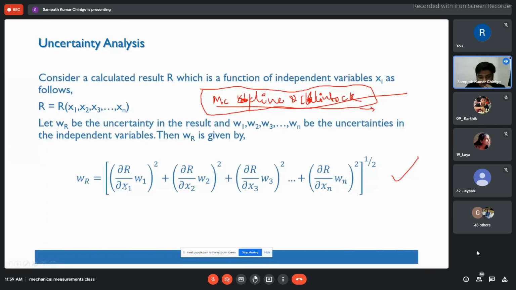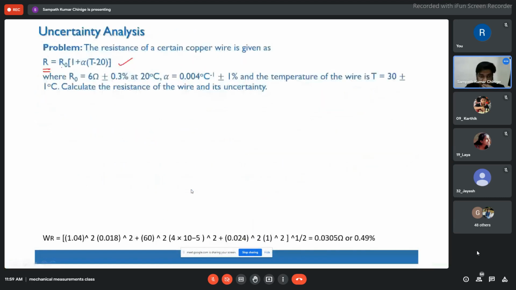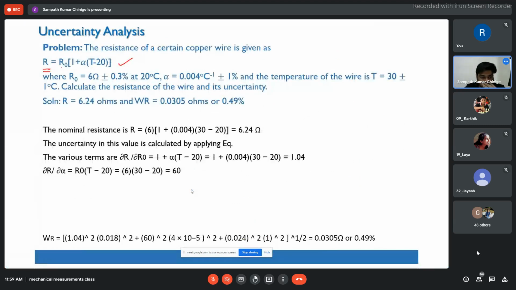Then dou R by dou R0 into omega 1, the deviation, whole square, plus dou R by dou x2 and so on. So the first one, dou R by dou R0, is 1 plus alpha into t minus 20, so directly you get 1.04. This is only the value of dou R by dou R0.